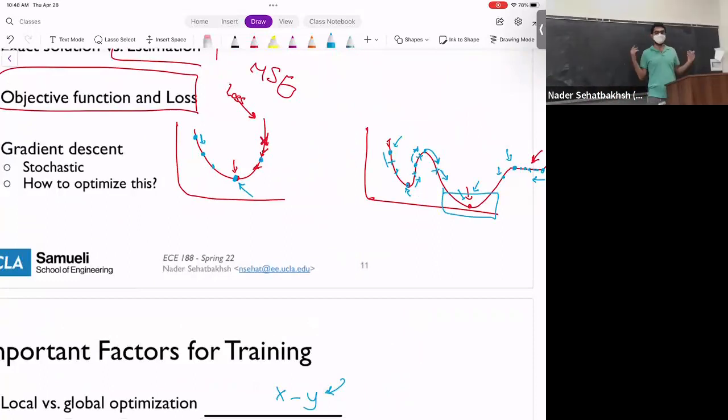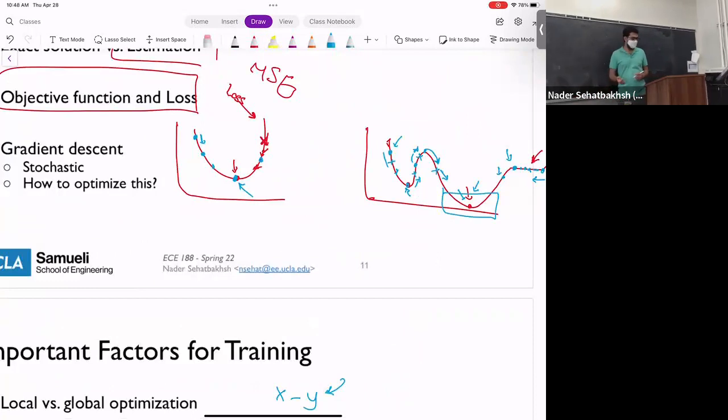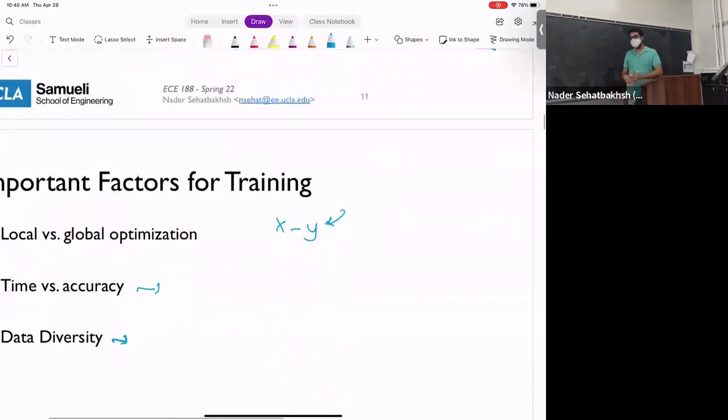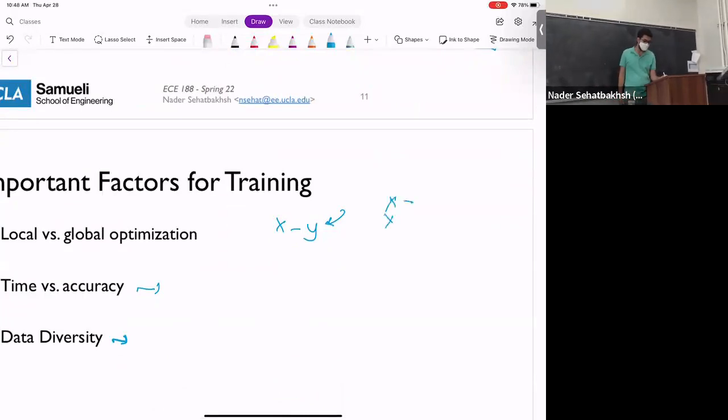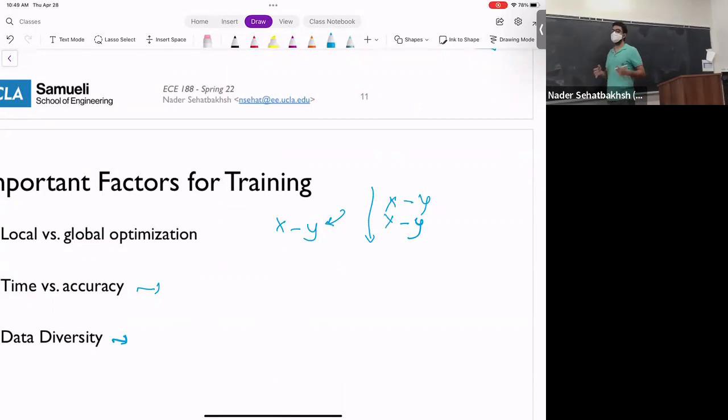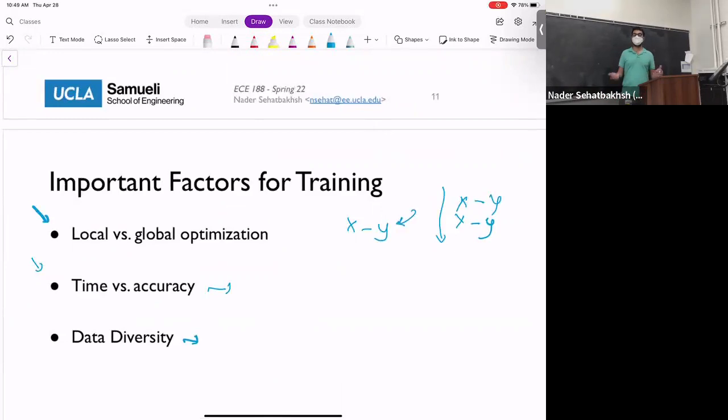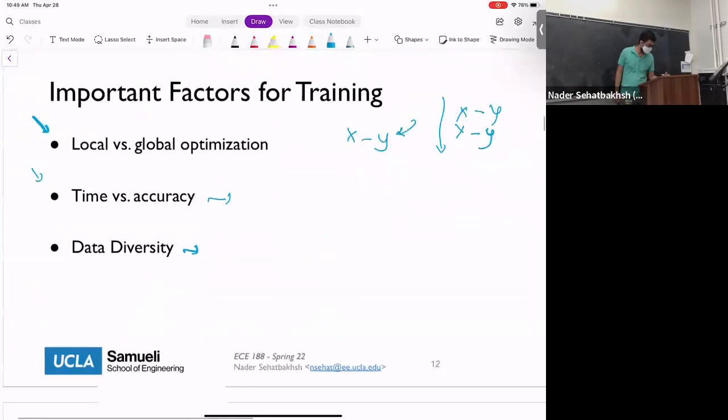Because your data has some distribution, and if it doesn't know what exactly that point is, because of a lack of data, you can never even mathematically reach that point. So the distribution of the data is very important. What you ideally want is to see all possible combinations of X and Y during your training, so that during your inference, you only see something that you have seen before, at least from the same distribution. And this way you can have a much better training outcome. Okay?